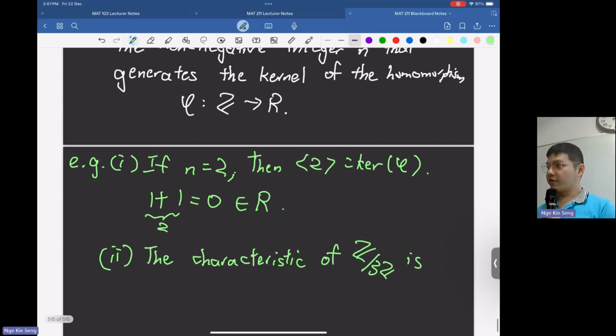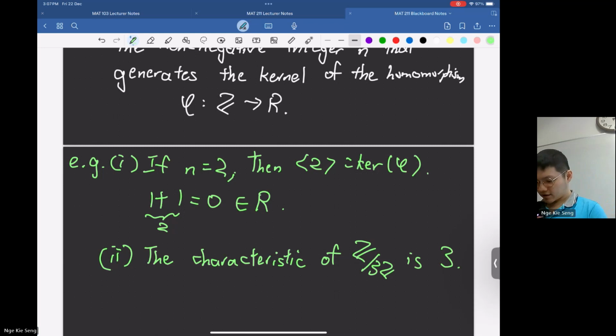What gets sent to 0? Everything that is a multiple of 3. So the kernel of this unique homomorphism from the integers is generated by 3. So the characteristic is 3. You can see that 3 gets sent to 0 in Z mod 3Z.